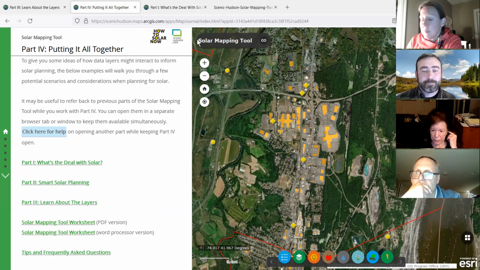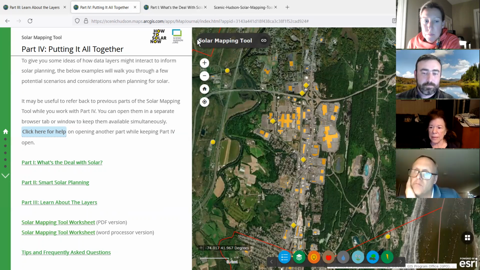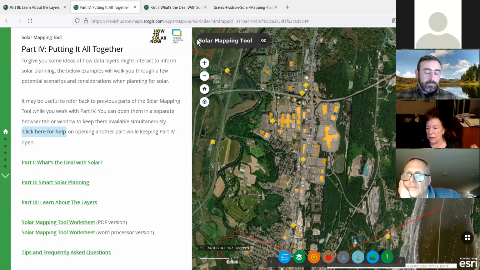I want to add that there are solar developers that, for example, specialize in landfills. And if they know that a community is doing this mapping and is supporting, for example, solar development at a mall, they might be very willing. One of the things we could do to be helpful is that New York State has a list of solar developers with contact information.